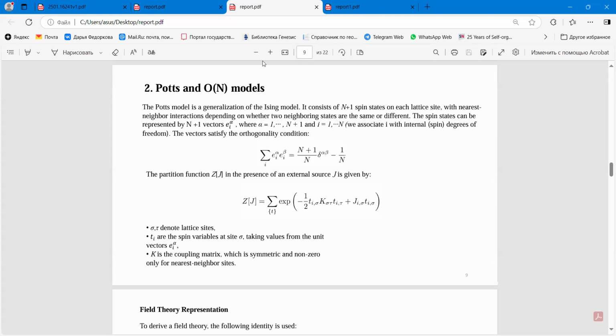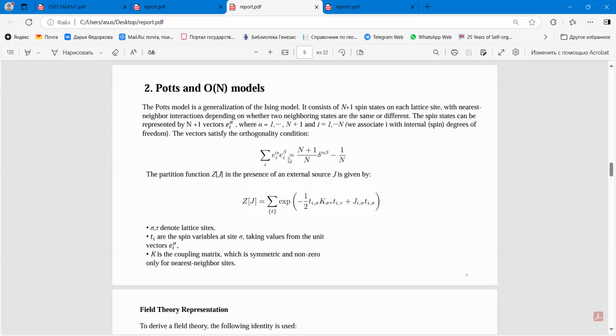The spin states can be represented by N plus 1 vectors e, which we associate with internal degrees of freedom. The vectors satisfy the orthogonality condition that you can see.